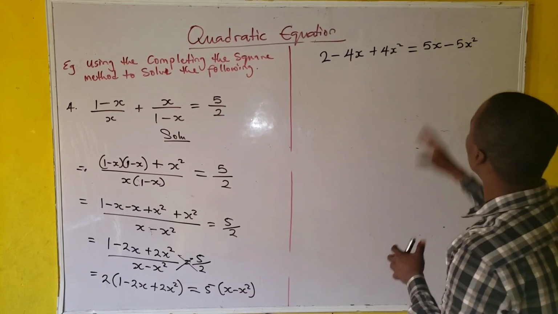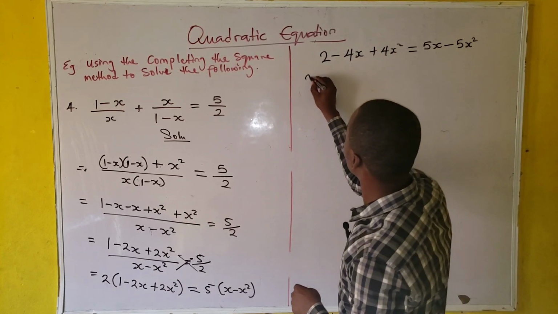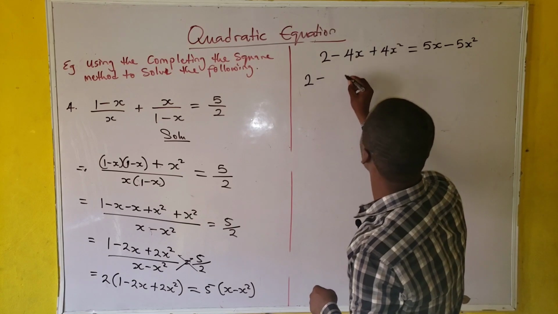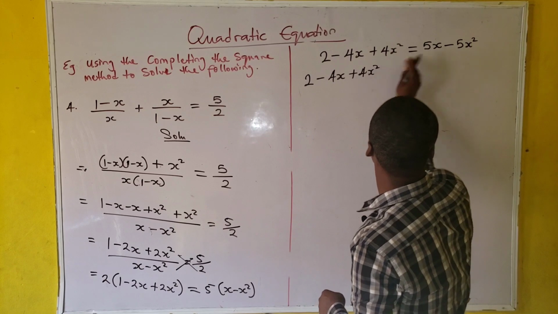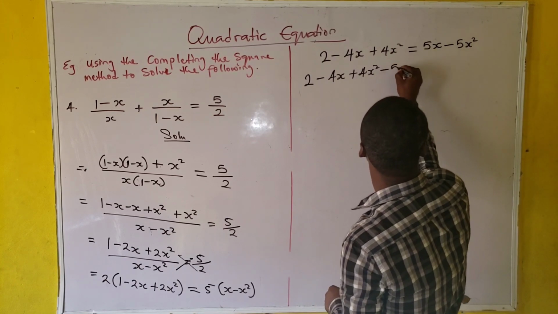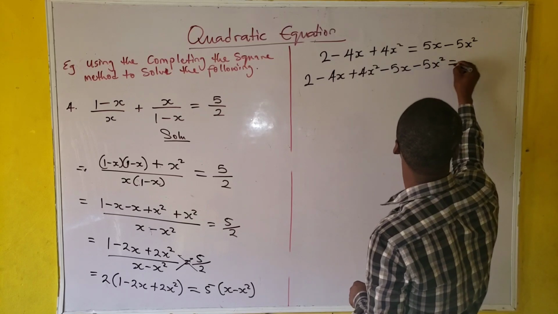Okay, so we are going to bring everything to this part of the equation. So that will give us 2 minus 4x plus 4x squared. This one crosses over minus 5x. This one crosses over minus 5x squared equal to 0.